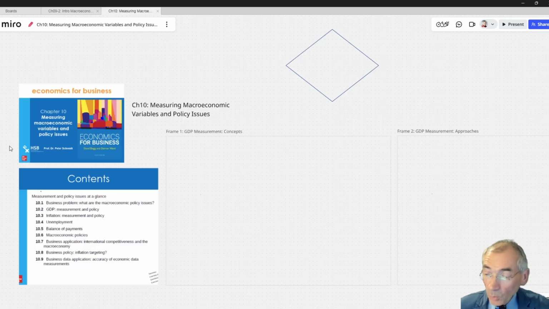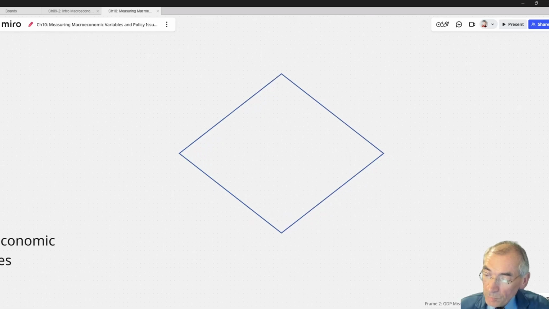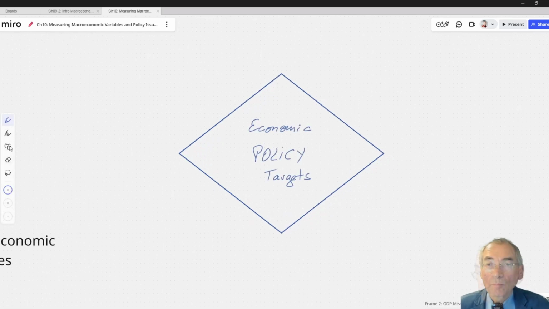And even before we start, let's think about these 4 issues that we just mentioned and put them into a geometric form like this. The targets of economic policy are often shown like this, with the 4 basic issues in economic policy at the edges of this geometrical form.